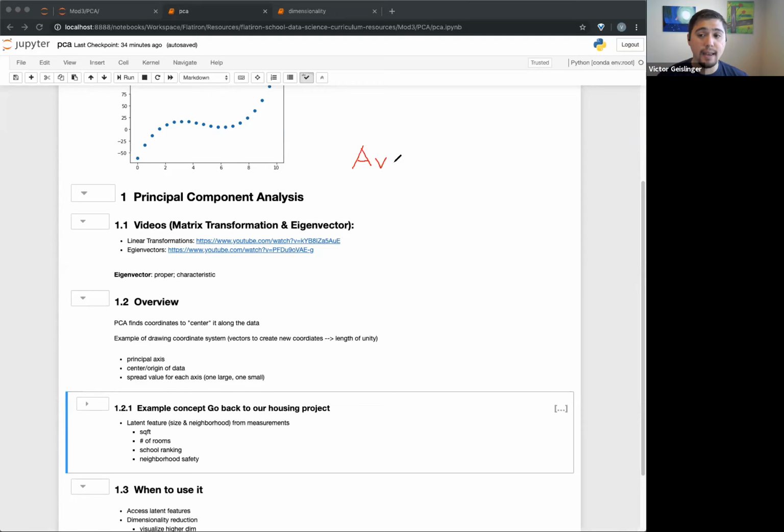This is going to equal some constant lambda times the vector. What this is saying is, if I transform this particular vector, all it will do is scale it up by some number lambda. And the V itself is that eigenvector.